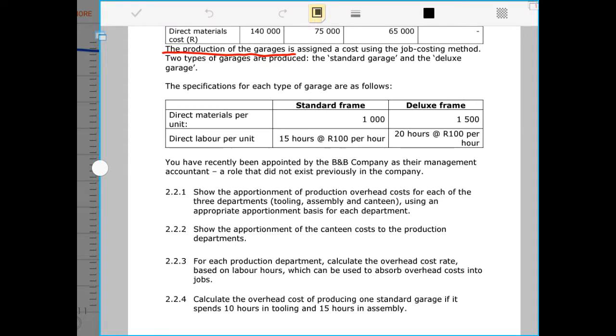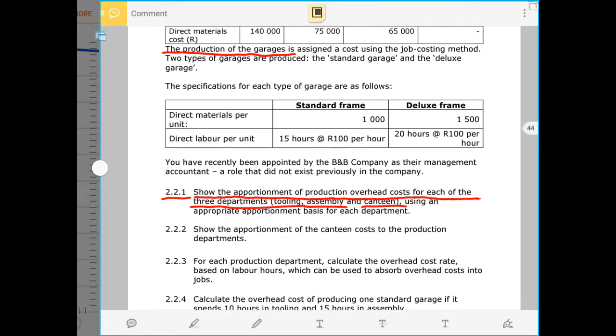The first requirement, or duty, given to this new management accountant is shown in 2.2.1, and it says, show the apportionment of production overheads cost for each of the three departments: tooling, assembly, and the canteen, using an appropriate apportionment basis for each department.